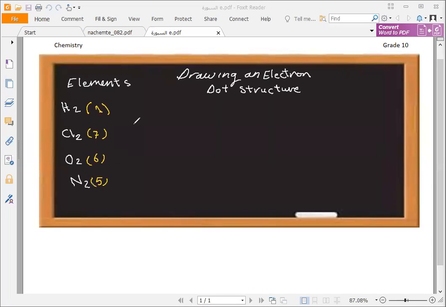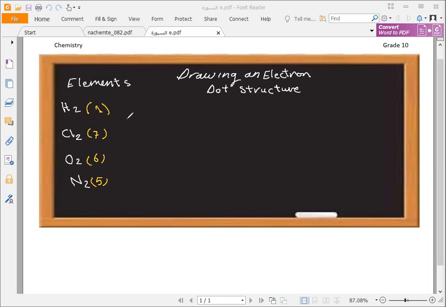Yes. If you remember, in our last lesson, we mentioned that we can know the number of valence electrons in each atom by knowing the number of the group of this element. If it is a representative element, then the number of valence electrons in the atom equals the number of the group.